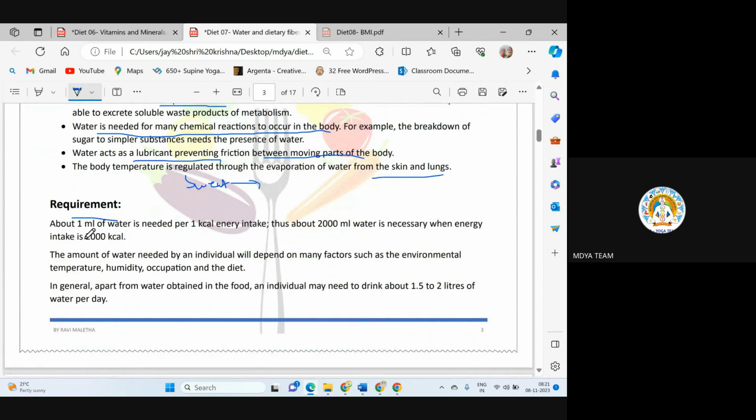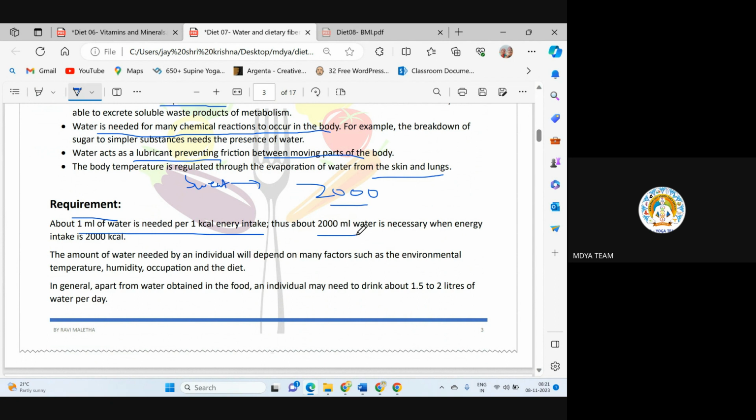Requirement: about 1 ml of water is needed per 1 calorie intake. Means if you are taking 2000 kilocalories, you need around 2000 ml of water.